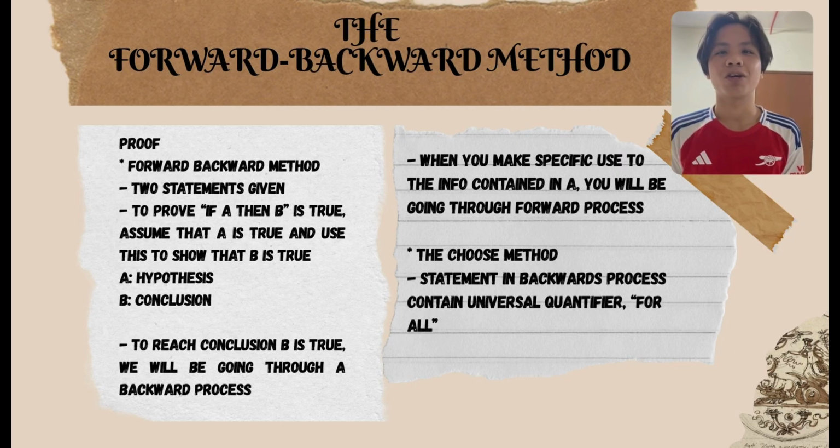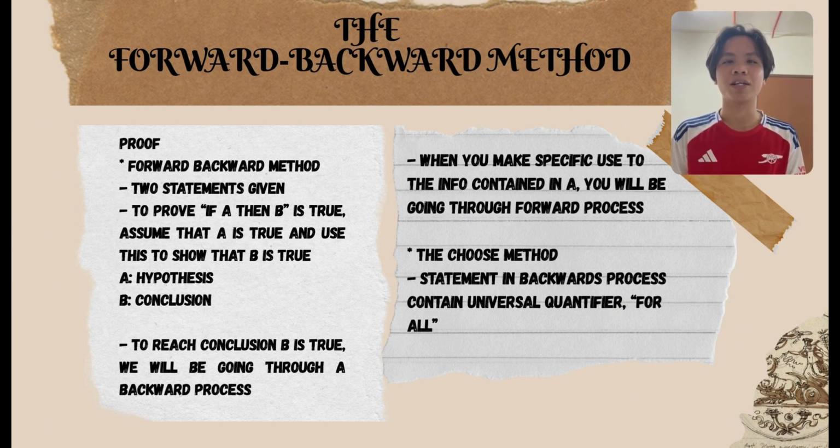In this slide, I will explain the forward-backward method, which is commonly used in mathematical proof. In this method, we are given 2 statements, where statement A is the hypothesis and statement B is the conclusion.